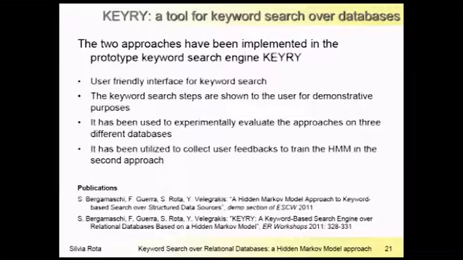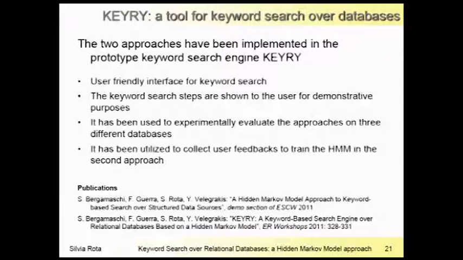So both approaches, the one using a hidden Markov model with heuristics and the one using a hidden Markov model where the parameters are optimized with a training procedure, have been implemented into a prototype search engine called Kiri. This search engine has a user-friendly interface for keyword search, like Google type.